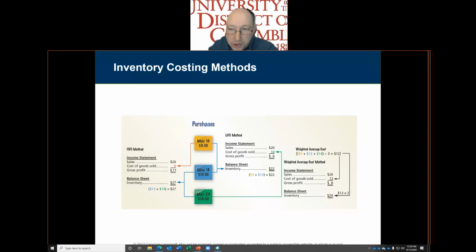Go ahead and unmute yourself when you're ready. Which one is best? You could also type it in the chat if you like. For this company, in this situation, would first in, first out, last in, first out, or weighted average be best?